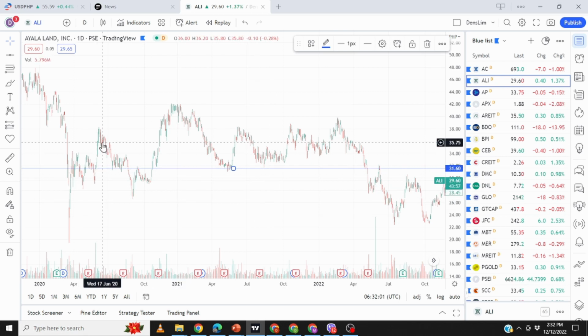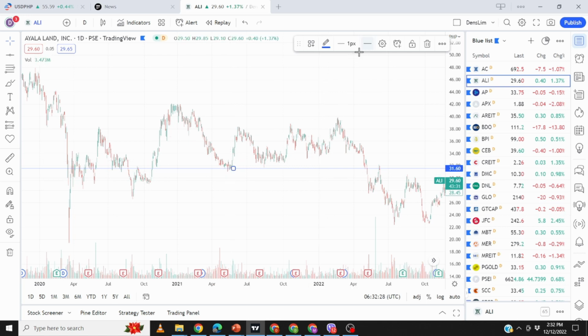So that means that when the price of Ayala Land goes to 3160, traders are willing to buy at that level, right? So usually when it hits 3160, you will see buyers come in and lift the price back up. So it's a support level, right?